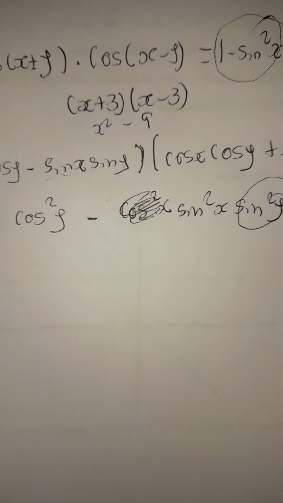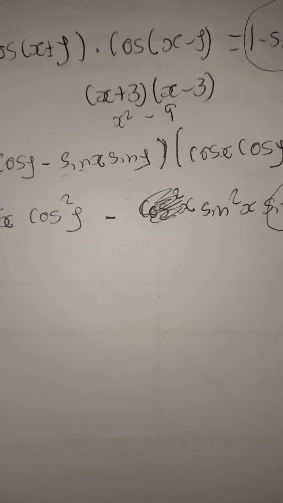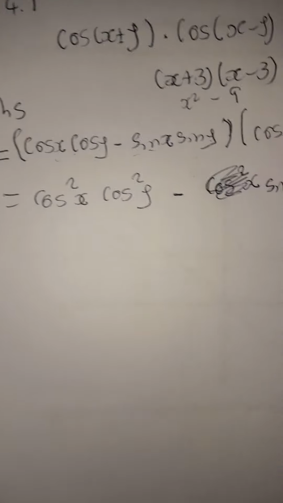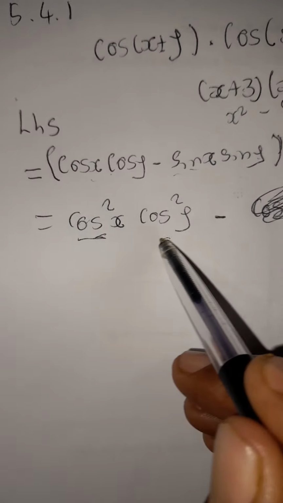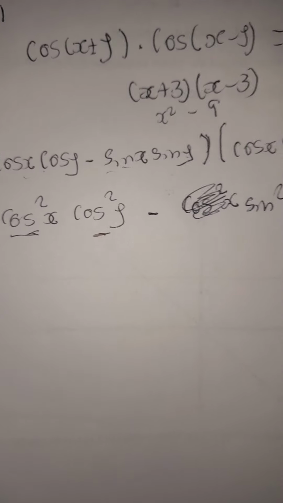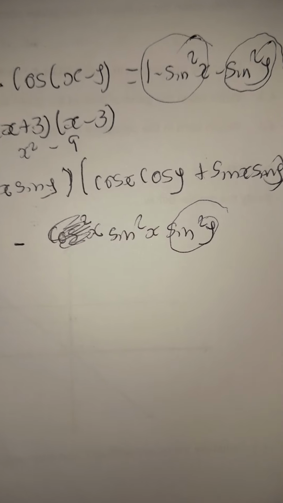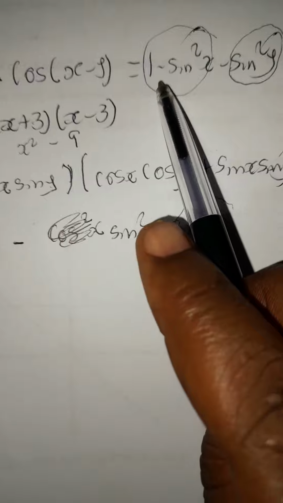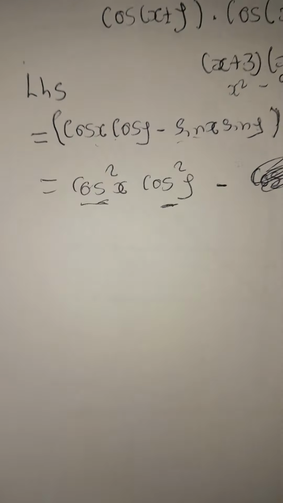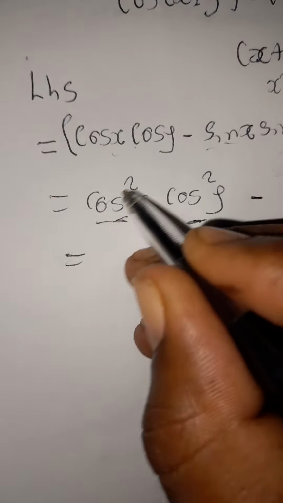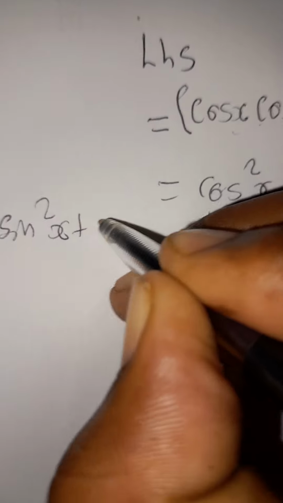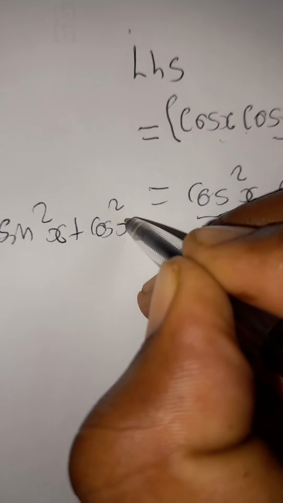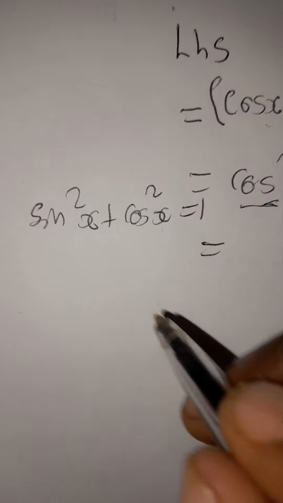To make things easier, I advise that we change both cos²x and cos²y so that we have this 1 minus something there. Remember that it's a square identity: sin²x plus cos²x equals 1.